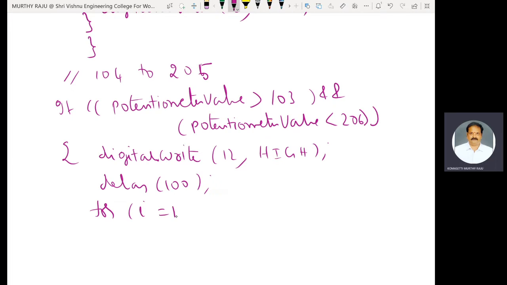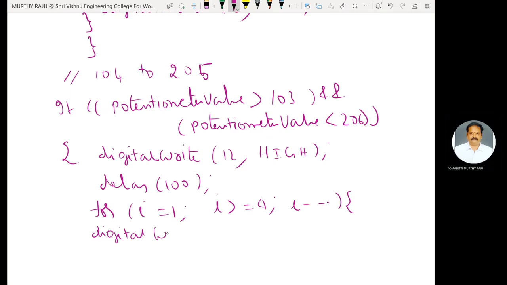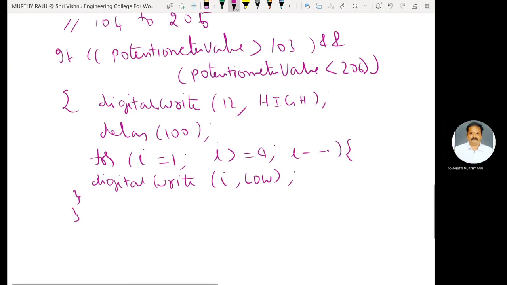For I is equal to 11, I greater than or equal to 4, I minus minus, digital write, I low. Third, 4th, 5th, 6th, 7th, 8th, 9th, 10th. These LEDs are in off mode. Next one.